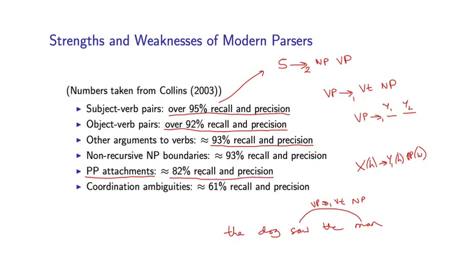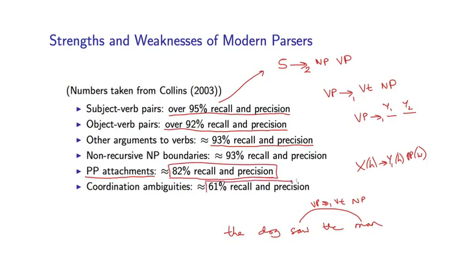So we can see that's a pretty stark drop from subject-verb accuracies or object-verb accuracies. And it reflects the fact that PP attachments are a challenging problem in that, in reality, to get very high accuracy, you really need full world knowledge of what is more likely semantically speaking. Am I more likely to be using a telescope to see, or am I more likely to be looking at something holding a telescope? And those kind of decisions are difficult, and that's reflected in the drop in accuracy here.